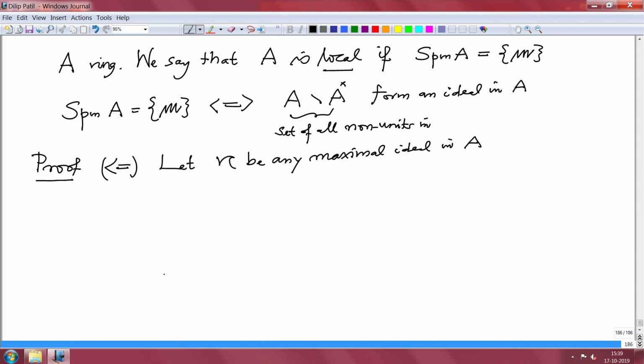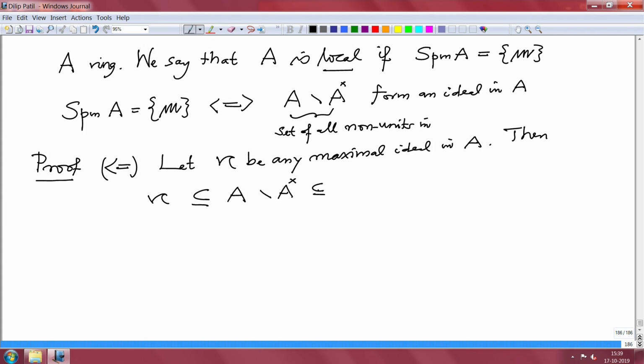So, by definition a maximal ideal does not contain any unit. So then n is contained in A minus A units, but this forms an ideal, and once it forms an ideal it will not be the whole ring.